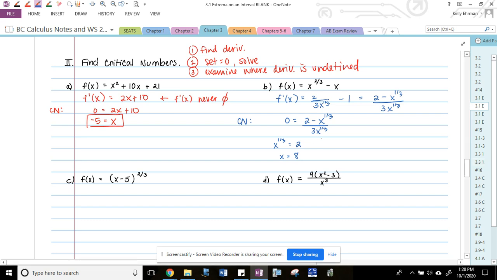All right, for my next one, when is f prime of x undefined? Well, it's undefined when 3x to the 1/3 equals 0. That would only happen when x to the 1/3 equals 0, and that's when x equals 0. That would be another critical number.